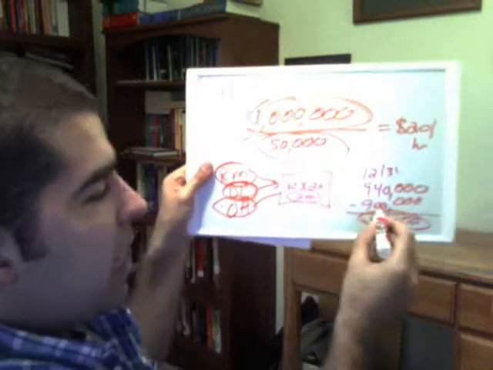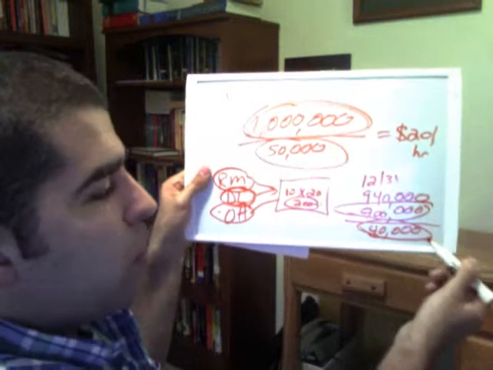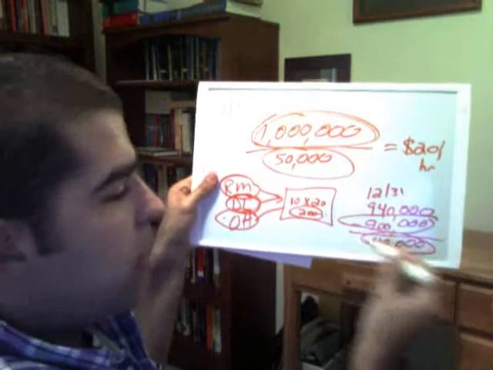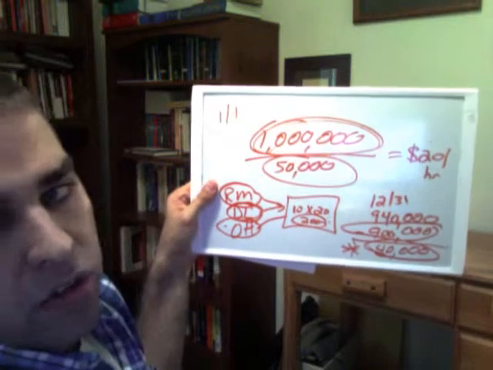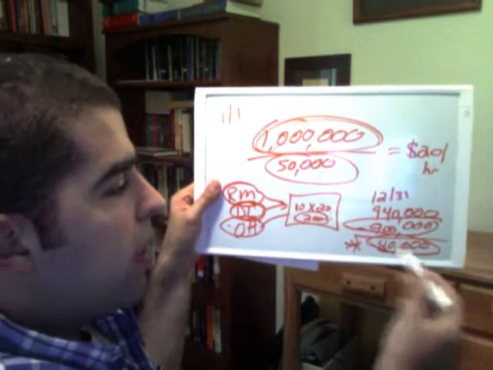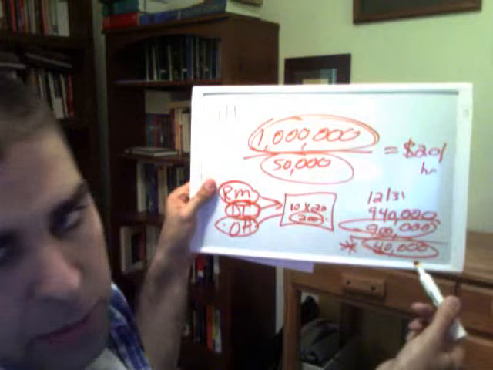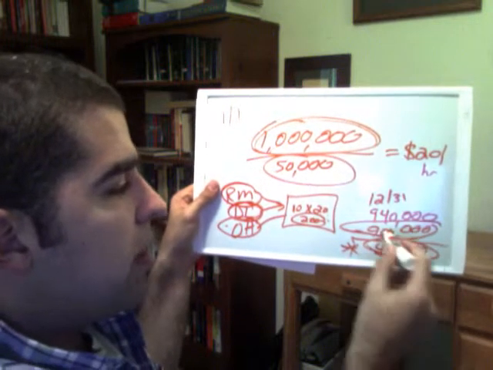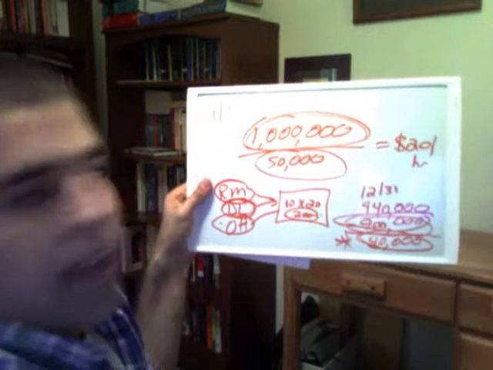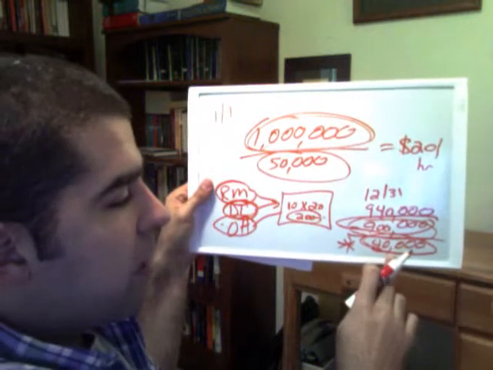So we had previously accounted for 900,000 of it. We have 40,000 that's left. So we need to make sure that we pick this up somewhere. And what we typically do is we just take that to cost of goods sold. So this 40,000 is not going to be allocated to the specific jobs on the job cost sheets because they're only allocated for this 900,000. This is just going to be taken to cost of goods sold.